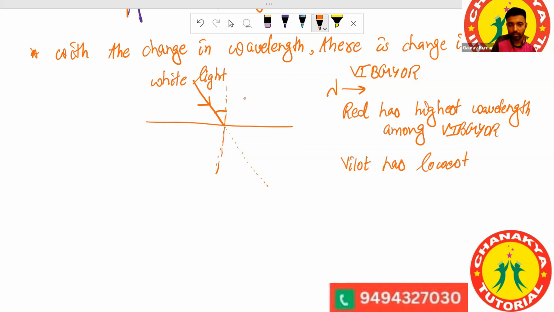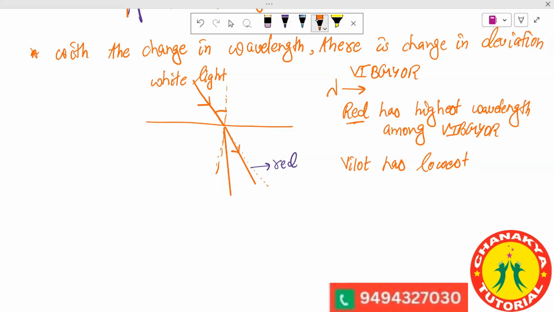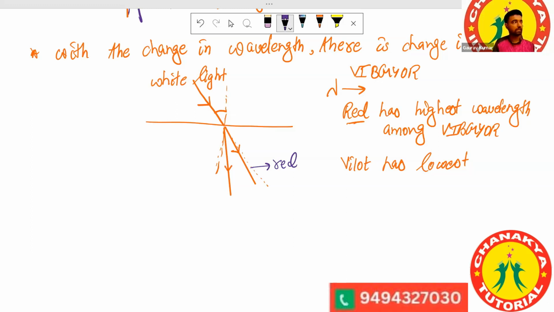So the red one will deviate like this. The color which has the highest wavelength will deviate less. Let's say this is red, and this ray is violet. How did violet bend more? It has the lowest wavelength, so there is some dependence.